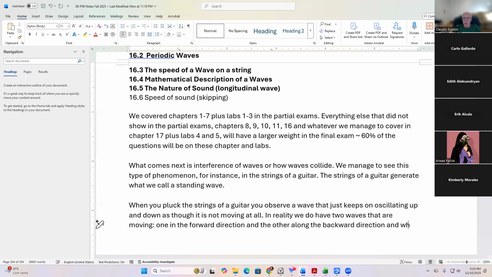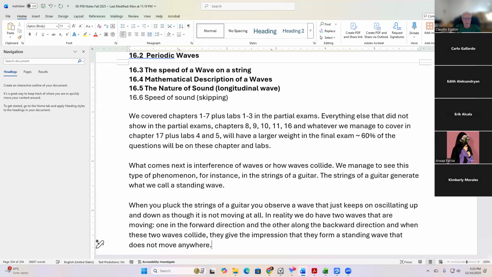And when these two waves collide, they give the impression that they form a standing wave that does not move anywhere.